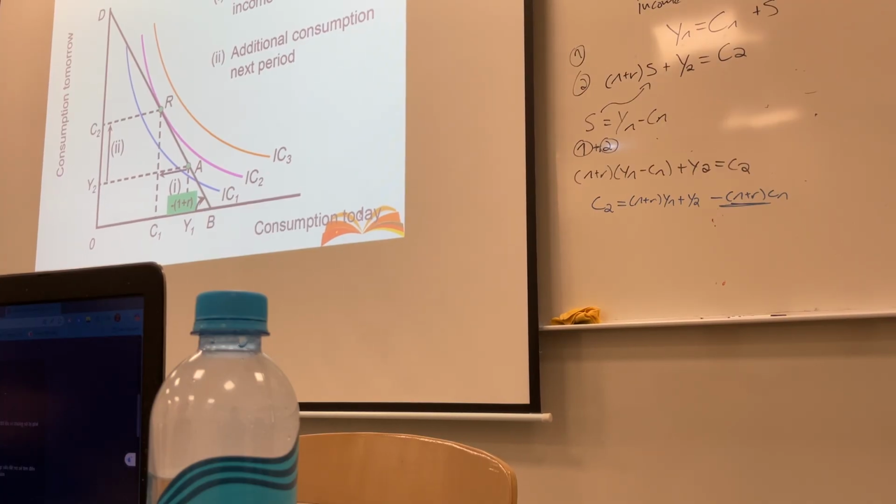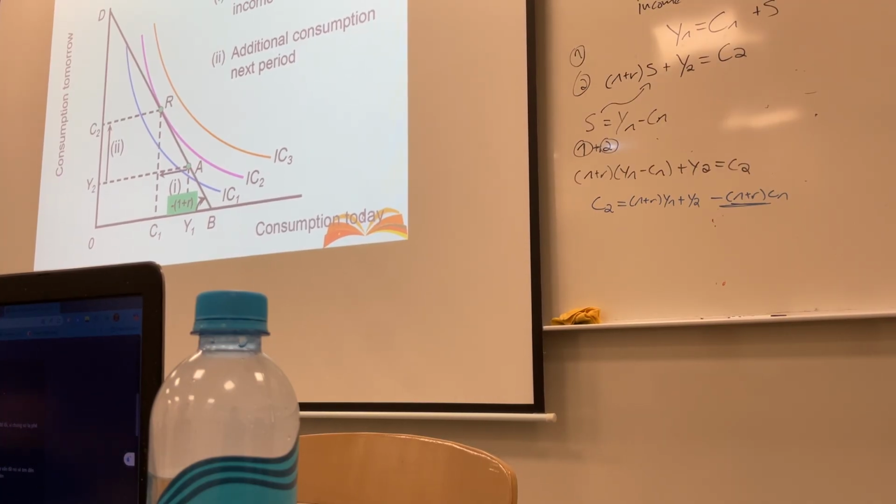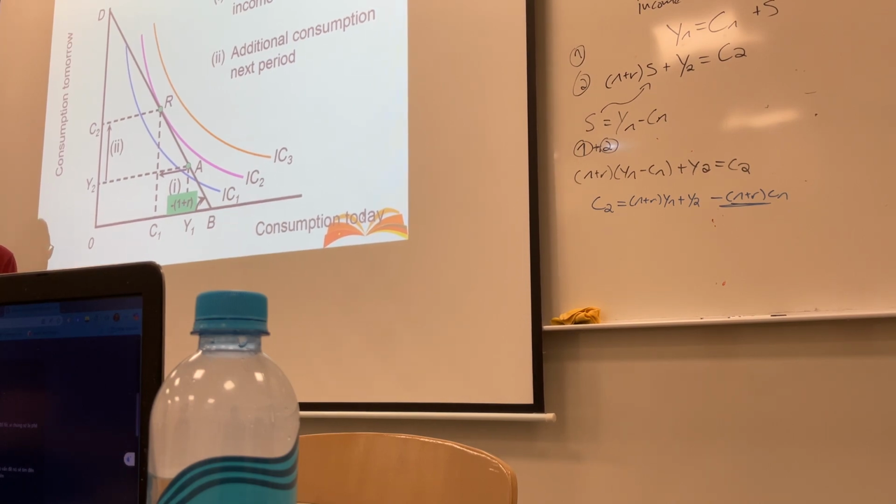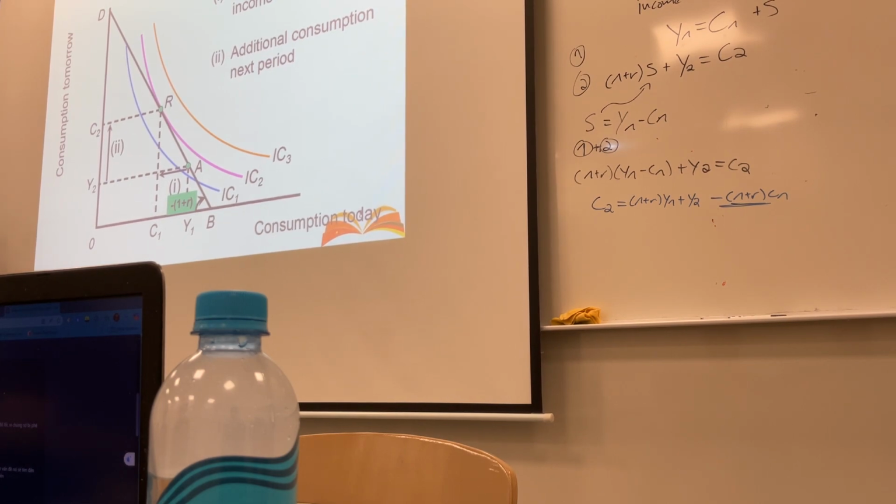If you win the lottery and you win a lot of money today, say 1 billion dong today, or you win a payout of 1.1 billion dong in 3 years.